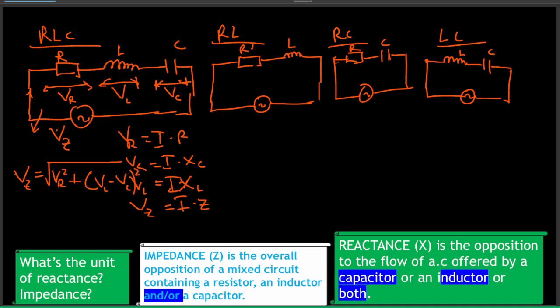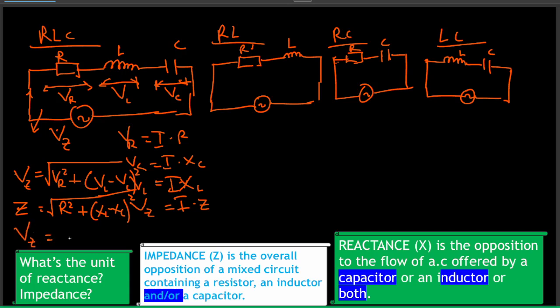And then the Z, since we have impedance, will be the square root of R squared plus (XL minus XC) squared.